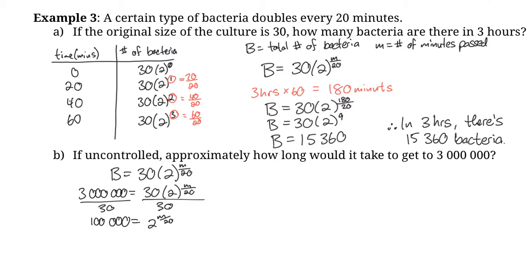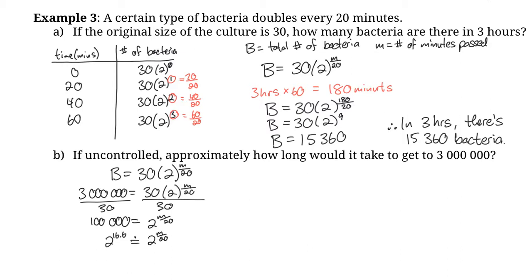Now so far we've only learned to solve exponential equations by getting to the same base. So we need to get a base of 2, and we need to do this by guess and check. So you can start playing around with numbers. You're not going to get an exact number, but when 2 is raised to approximately 16.6, that's going to be 99,000. So we can just go with that and approximate our answer.